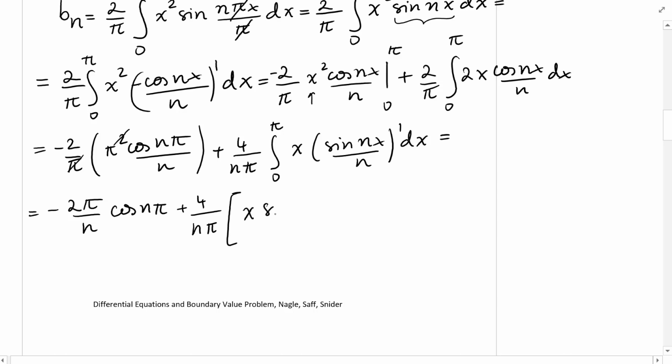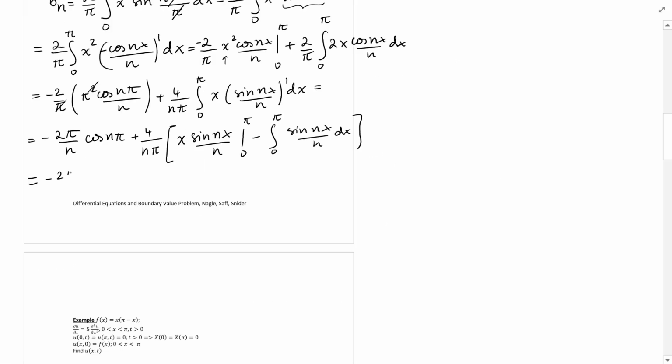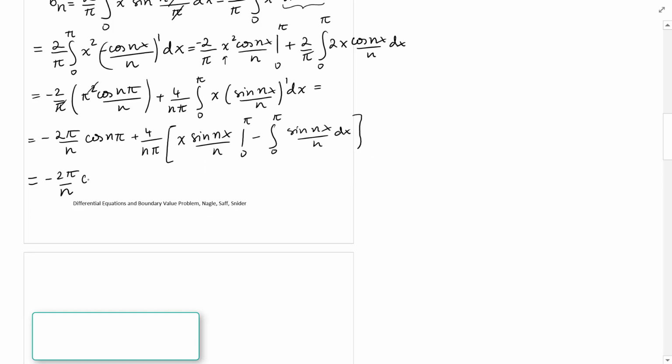So we have x sine of nx over n from 0 to pi minus integral from 0 to pi of x prime, which is 1, sine of nx over n dx. So it's pretty quick. Negative 2 pi over n cosine of n pi plus 4 over n pi, and then if x equals pi, we get pi sine of n pi over n, and then when x equals 0, we get 0.